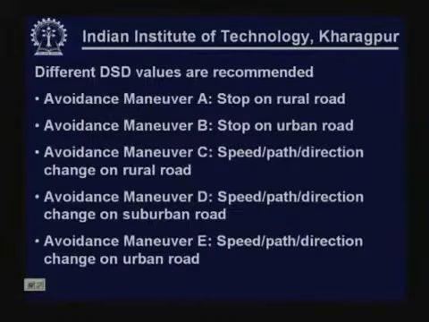Considering all this, AASHTO suggests DSD values for different avoidance maneuvers A to E. A is stop on rural road, B is stop on urban road, C is speed, path, direction change on rural road. Avoidance maneuver D is for speed, path, direction change on suburban road. Avoidance maneuver E, speed, path, direction change on urban road.